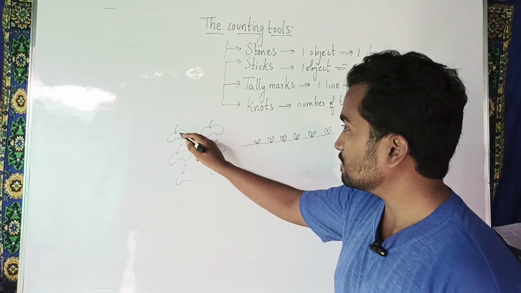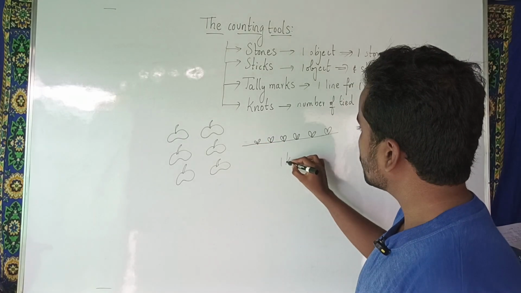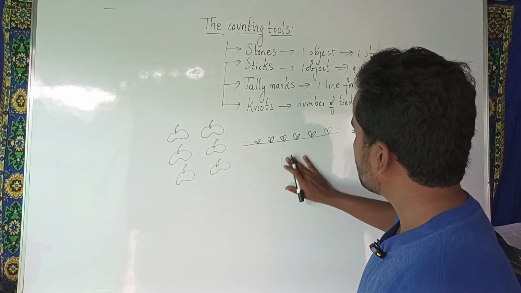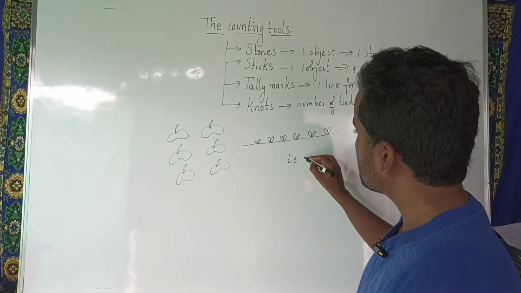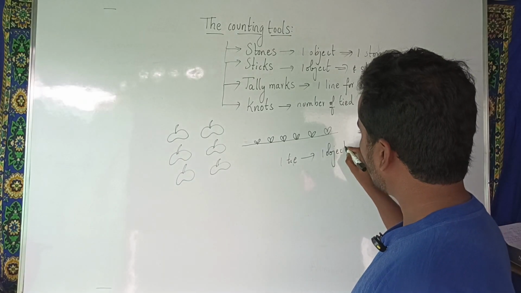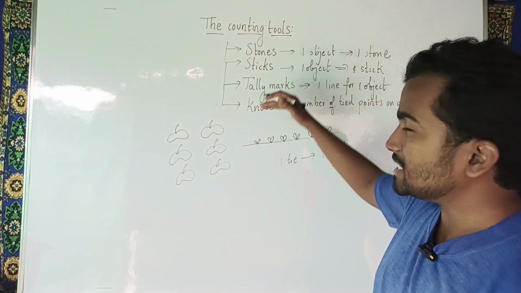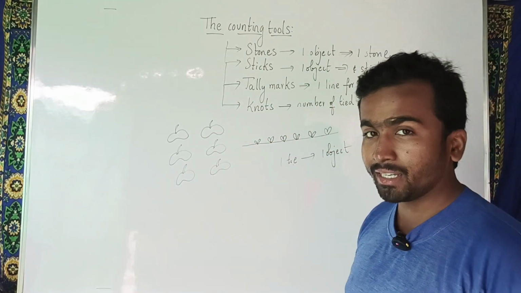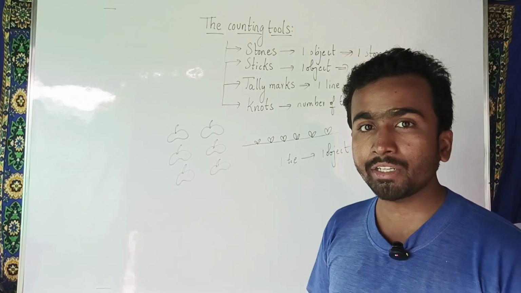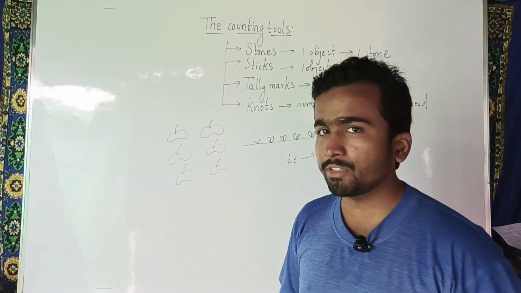For one knot, one object. One tie implies one object. Everything we are discussing is some of the alternatives within one-to-one correspondence, which we have covered in our previous video.